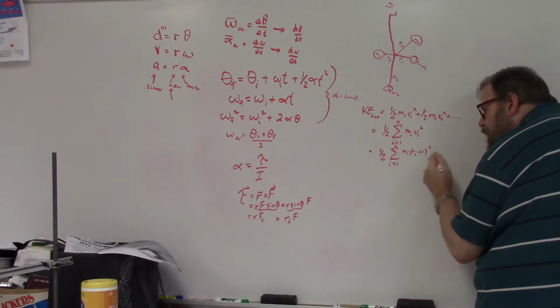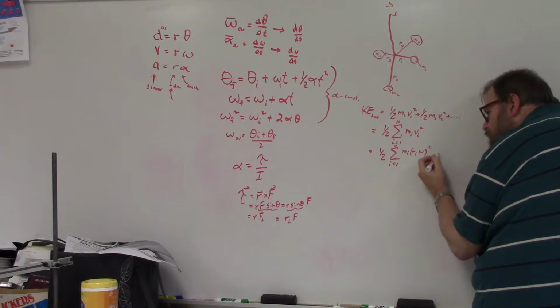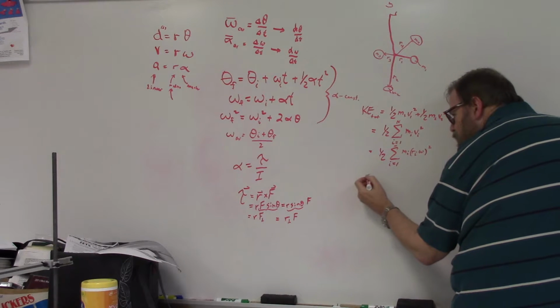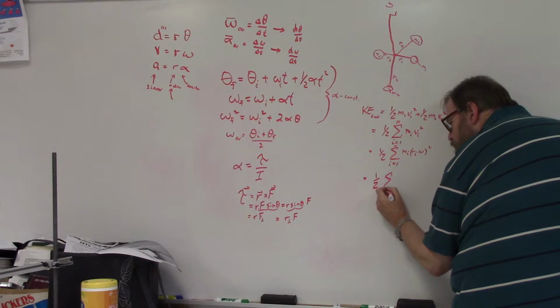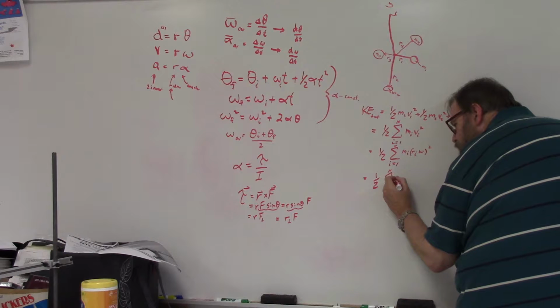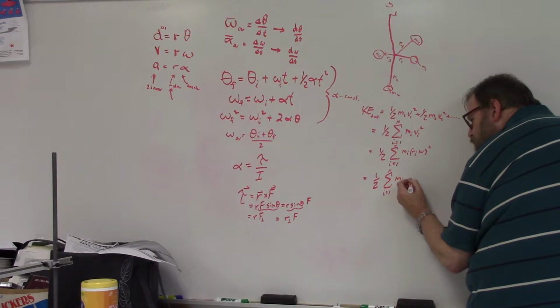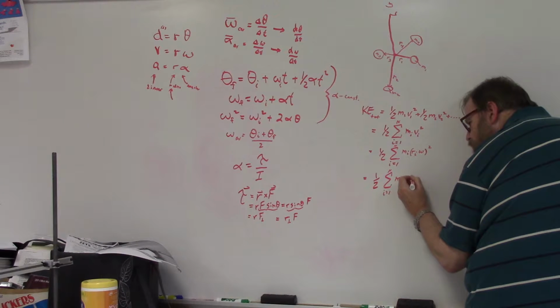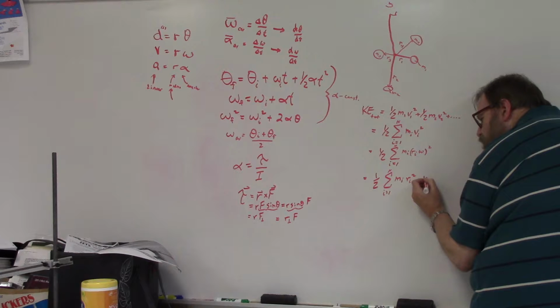So if I factor out this omega by itself, I'll pull it out over here, and this will come up with what we call 1/2 sum of i equals 1 to n again. And I got m sub i times r sub i squared times omega squared.